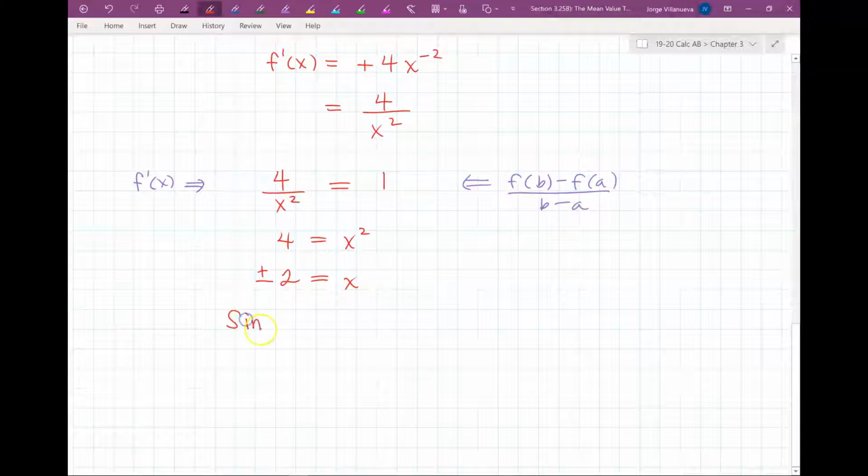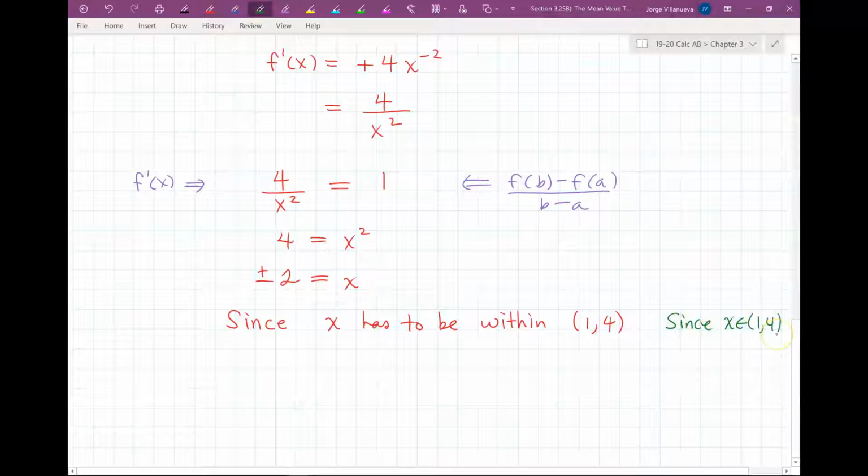So I'm going to put, since x has to be within 1 to 4. By the way, another way of writing that, you can say x is an element of the interval from 1 to 4, meaning it belongs in there.